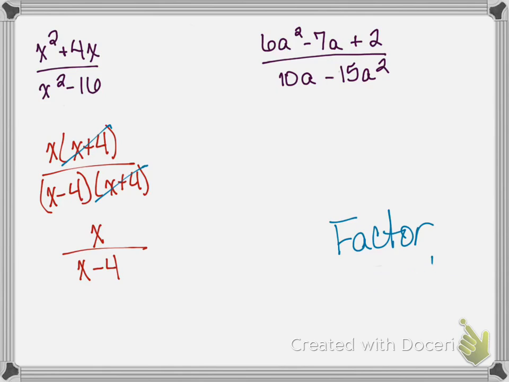Now, something that students want to do, they can't do this, but they want to do it, is they want to mark that out right there. You cannot do that. My final answer here is x over x minus 4. And this is a good thing to make a note of.